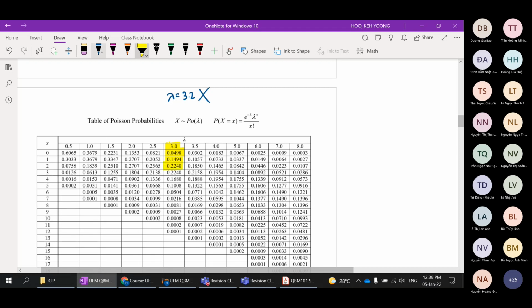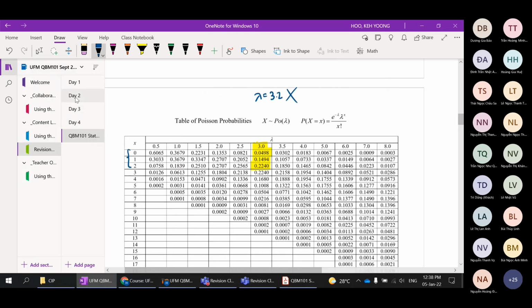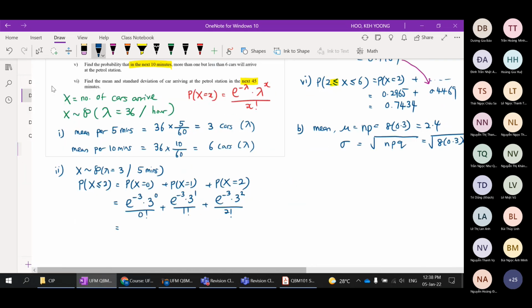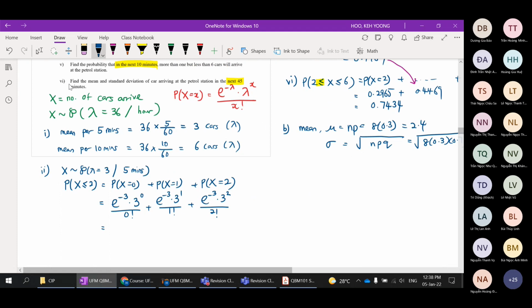So you look at the lambda 3 column. Same as the binomial distribution, if you can straight away find the probabilities from the table, then you don't have to write down these steps.